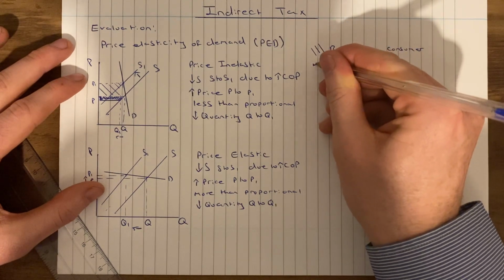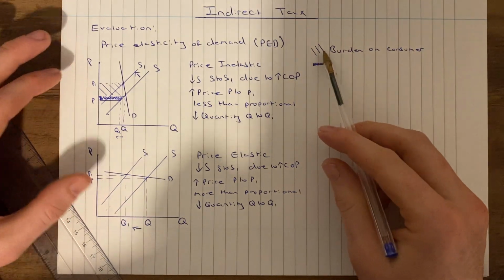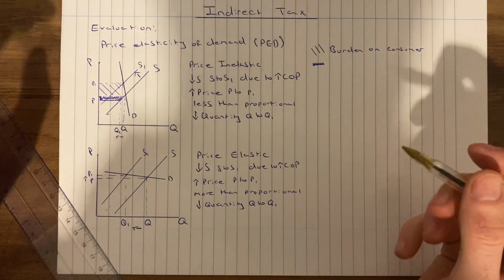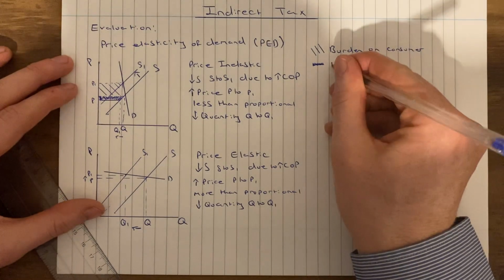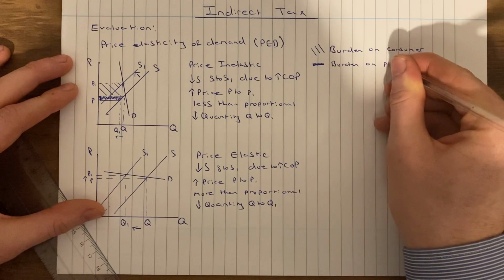But the size of the tax is actually a little bit more than just the change in market price. It's that small solid blue area, which is the burden on the producer.